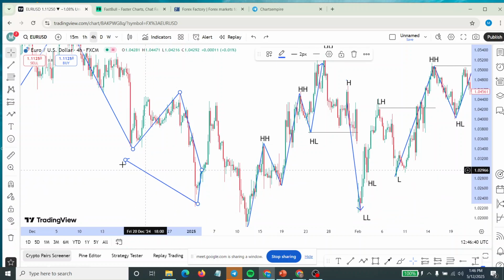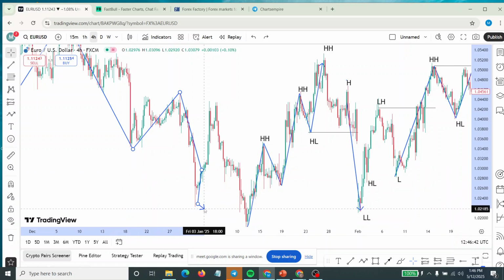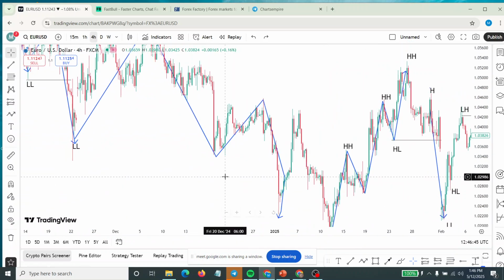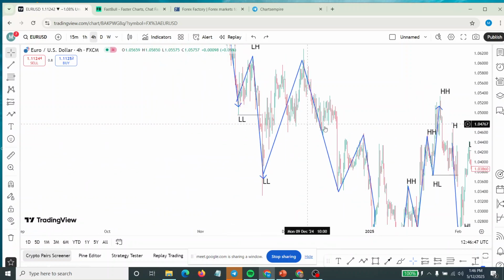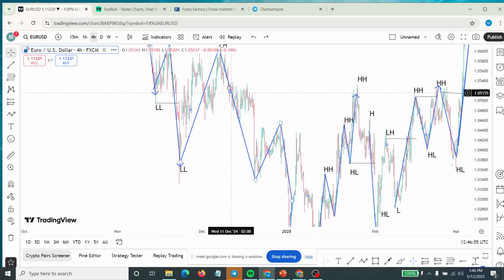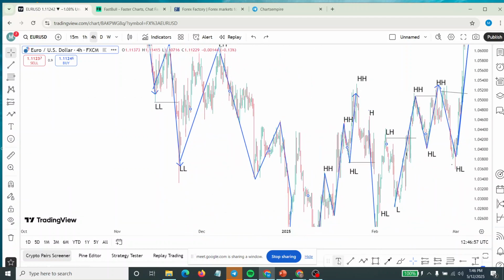So any question? Any question? So now let me identify this. This is our lower high. So we have a lower low here.